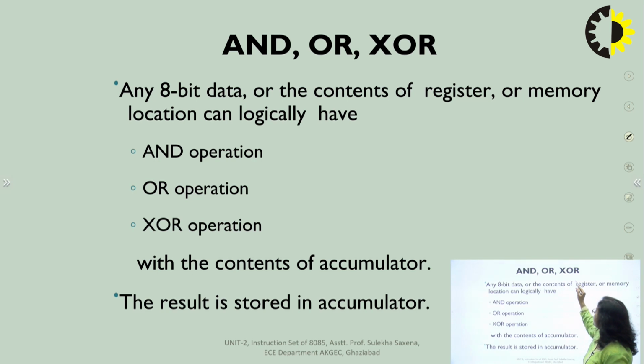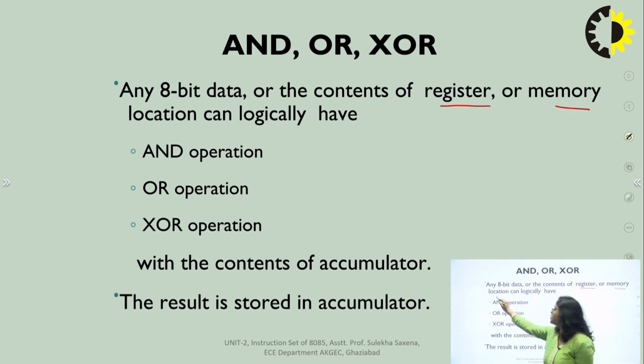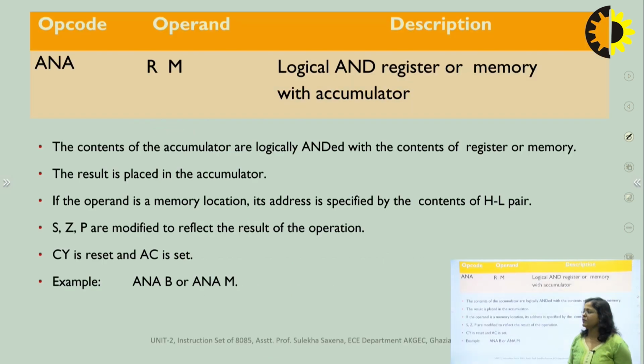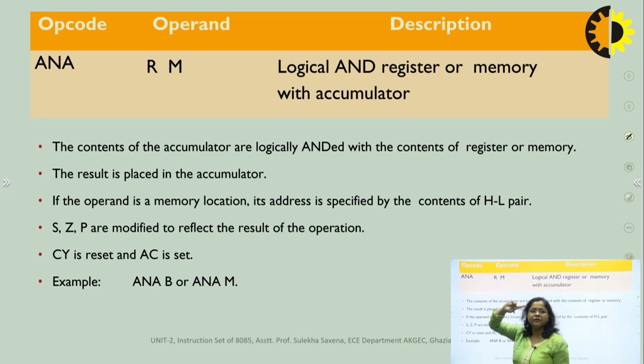In case of AND or XOR, both the data are of 8 bit, and the data can be specified either in a register, using a memory location, or as 8-bit immediate data. When we perform the AND operation, by default the first operand will be in the accumulator, and we provide the second data either in a register or in a memory location.